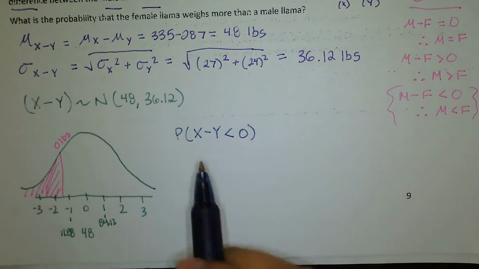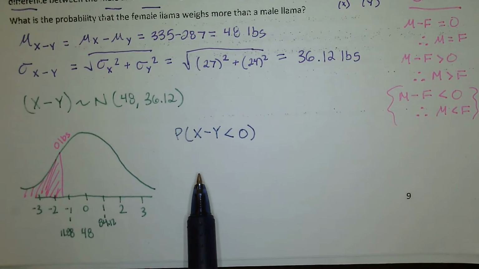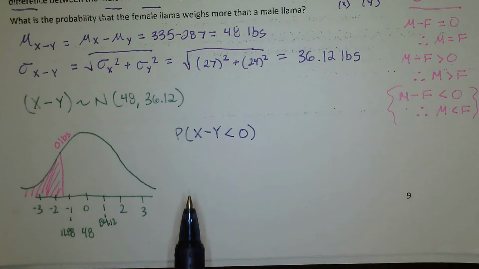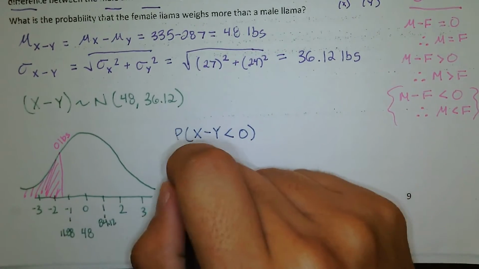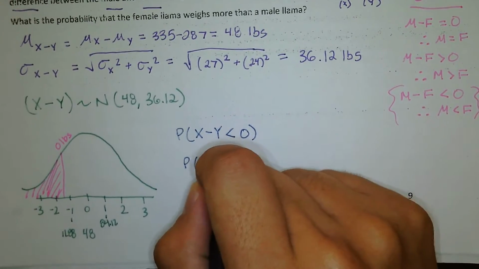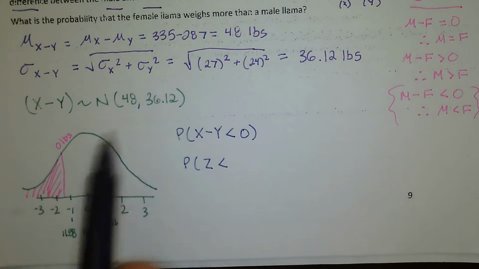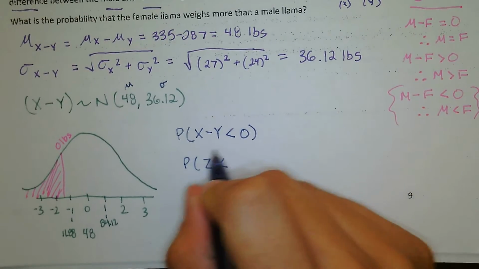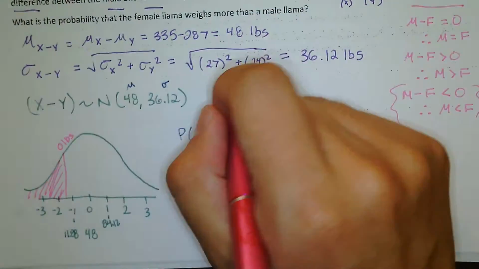Because I'm looking for where the males minus the females are going to be negative, such that the females weigh more than the males. Okay, so then from here we can convert this to a z-score. To find the z-score, again, we need our two parameters, which here's the mu, here's the sigma, and then here is the observation.